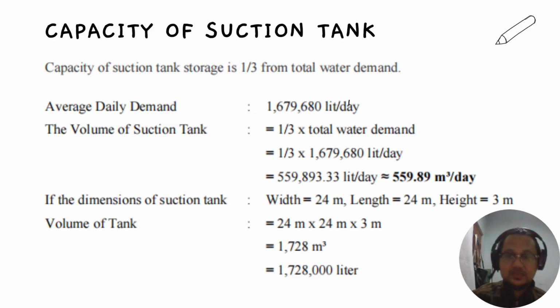Then we assume the dimensions of the suction tank to be 24 meter width times 24 meter length times 3 meter height, and then we get the volume of the tank is 1.7 million liters. As a result, the proposed dimensions are acceptable because the volume of the tank is higher than the volume of the suction tank.